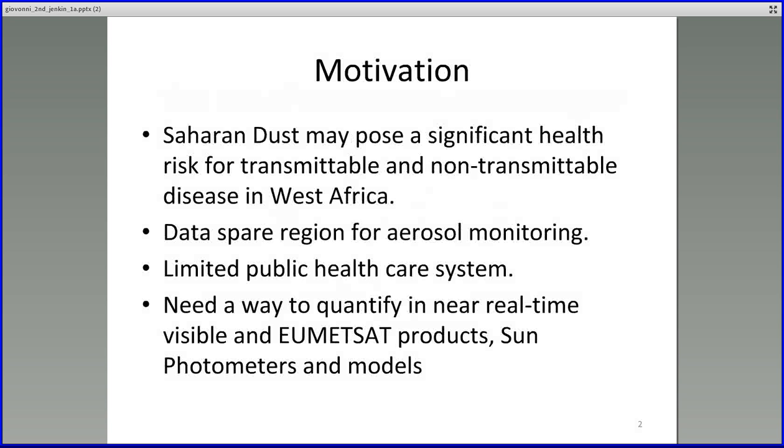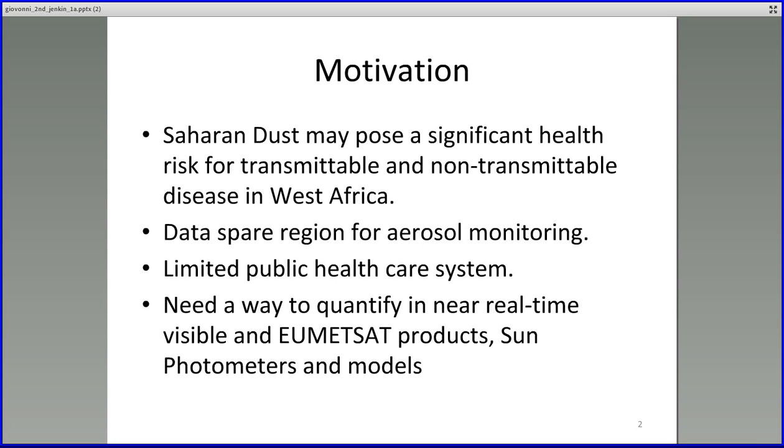So I'll start out with an introduction and the motivation for this work. Saharan dust may pose a significant health risk for both transmittable and non-transmittable respiratory disease in West Africa. This is a region that is considered data sparse for aerosol monitoring.